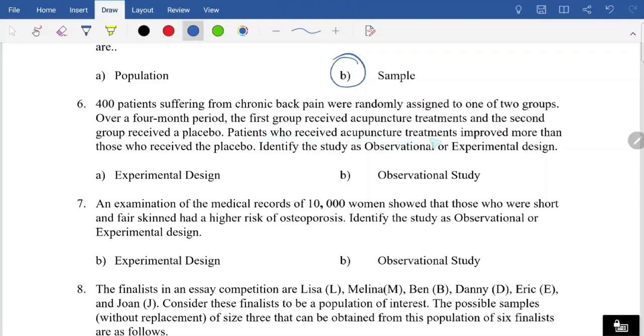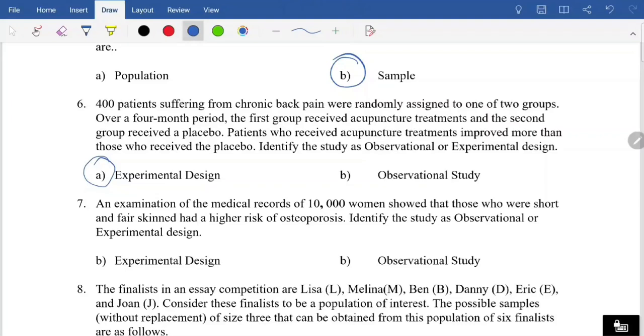Patients who received acupuncture treatments improved, and those who received the placebo didn't improve as much as those who received the real treatment. So this is clearly a case of experimental design. So our choice is experimental design. If you go through the material on Canvas on this topic, that's how an experimental design is performed.